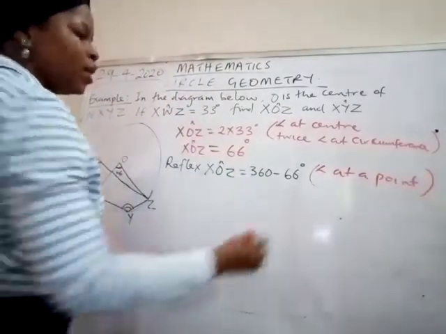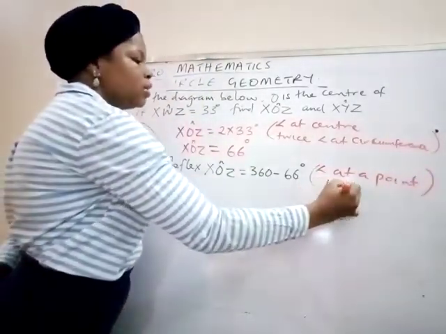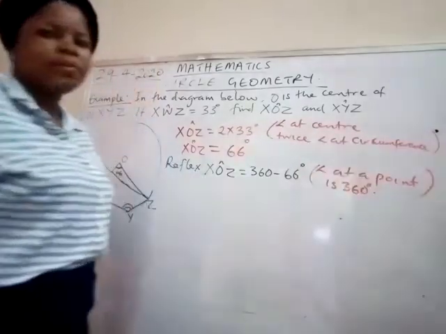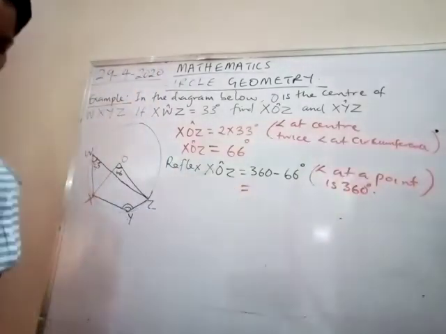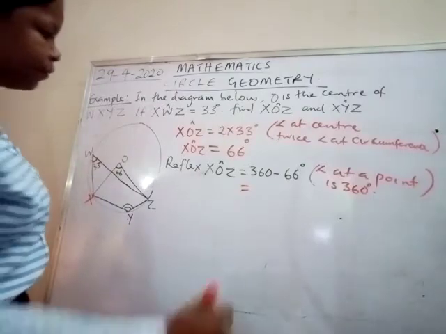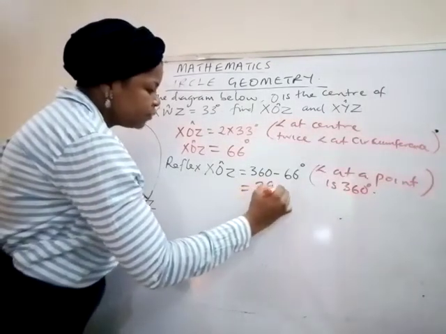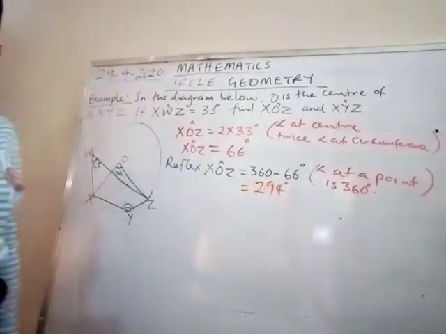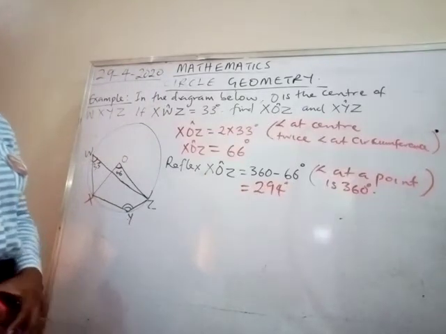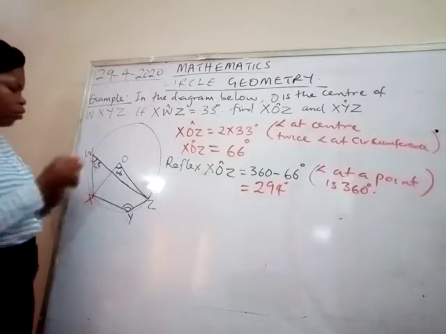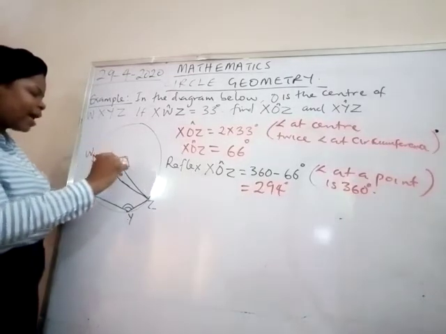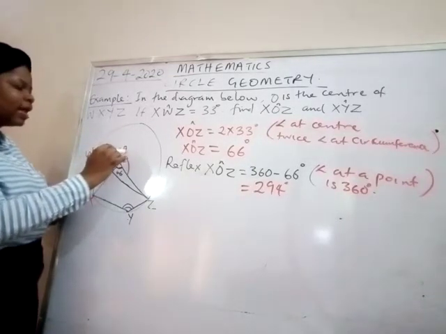So I will subtract that. So that will give me 294 degrees, 360 minus 66 degrees. So that means I've gotten the reflex angle. That is, the angle for the big arc here is 294 degrees.